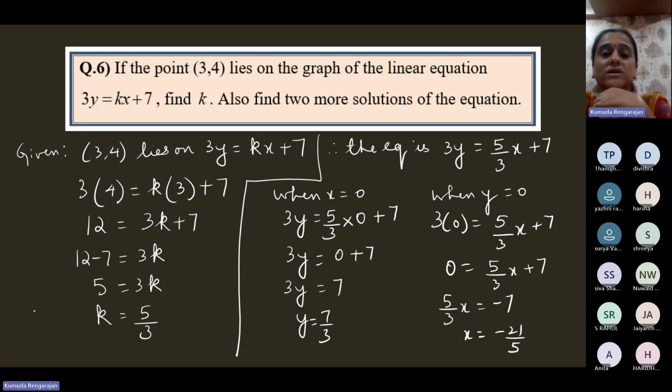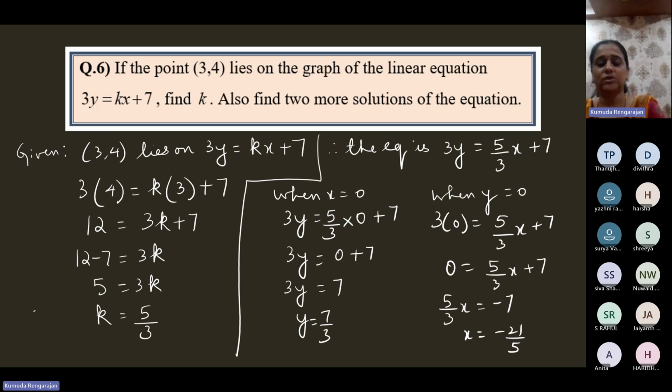Okay, so first it was given that (3, 4) lies on the equation 3y is equal to kx plus 7. So what we did, for x we used 3 and for y 4. Solving that, we found the value of k. Then to find two more solutions, we give any value for x and find the corresponding value for y, or we give any value for y and find the corresponding value for x.